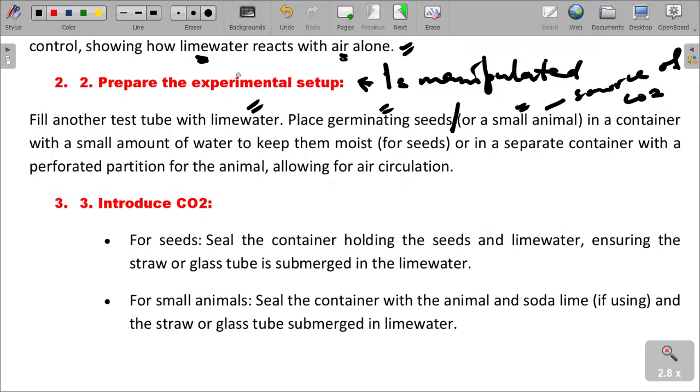We are saying with a small amount of water to keep them moist. This is for seeds, or in a separate container with a perforated partition for the animal, allowing for air circulation.